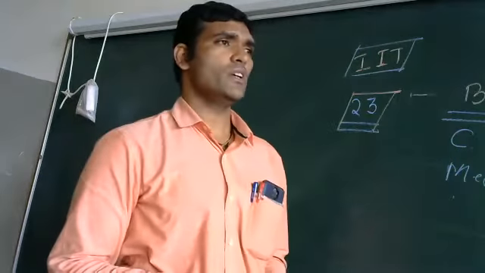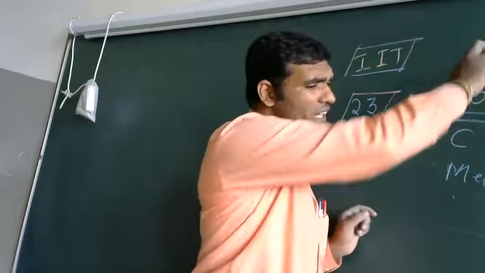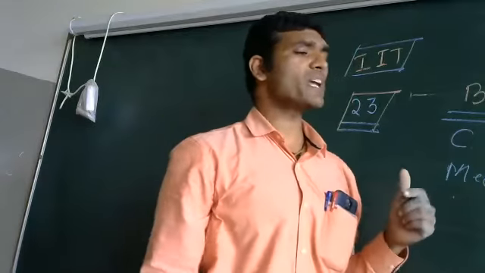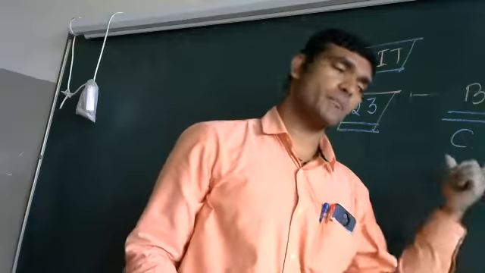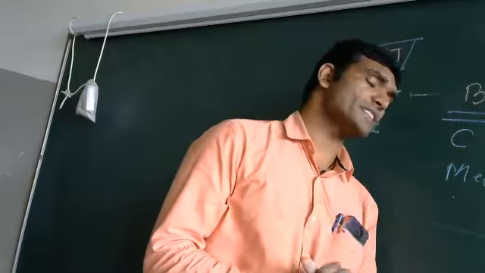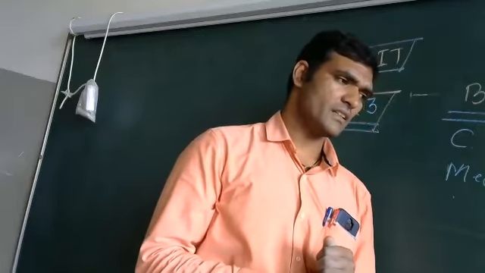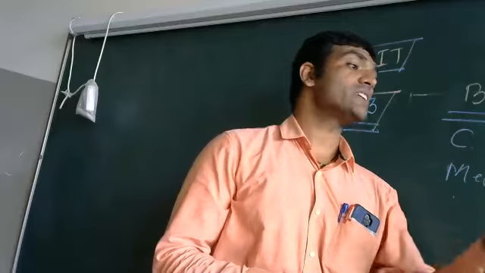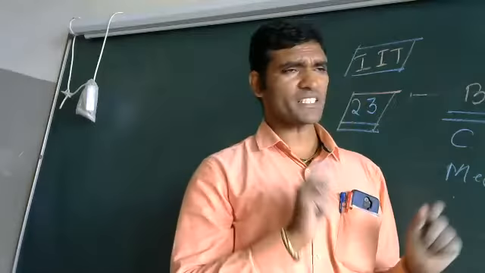Astrophysics. Okay. So here, children, many branches are there in engineering. Computer science is there, mechanical is there, automobile is there, petroleum is there, architecture is there, civil is there. Many branches are there.